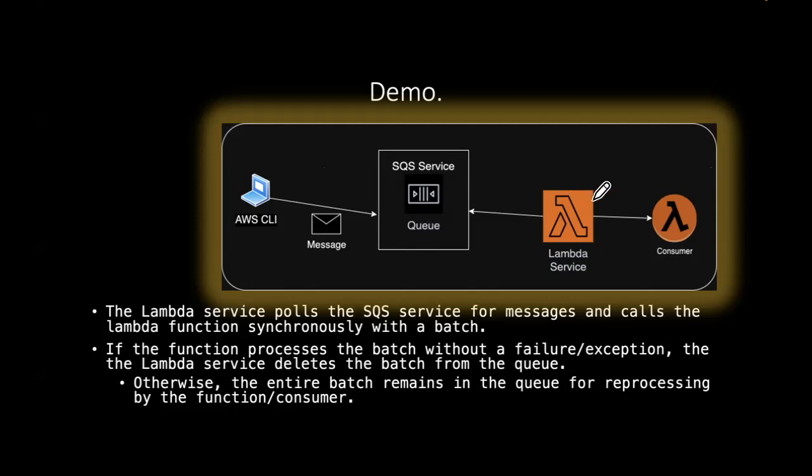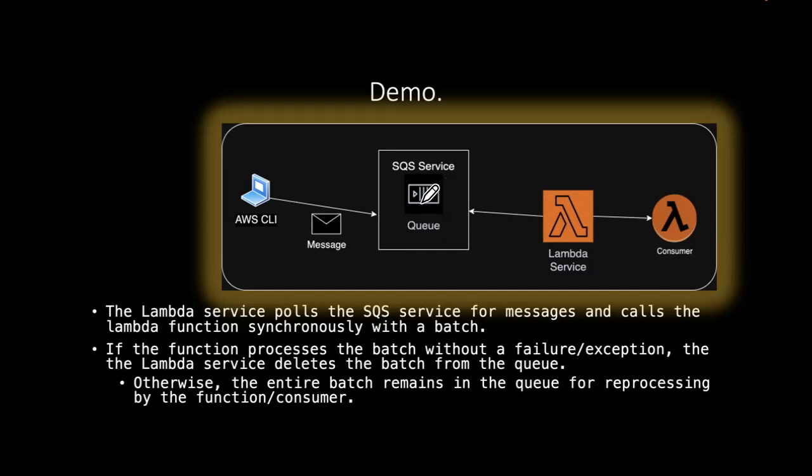Now, there's a slight lie in what I've been telling you so far. Here's my Lambda function, my consumer, and here's the Lambda service. It's not the Lambda function that directly communicates with the SQS service. The Lambda service does that for it. It's the Lambda service that polls the SQS service for messages from the queue.